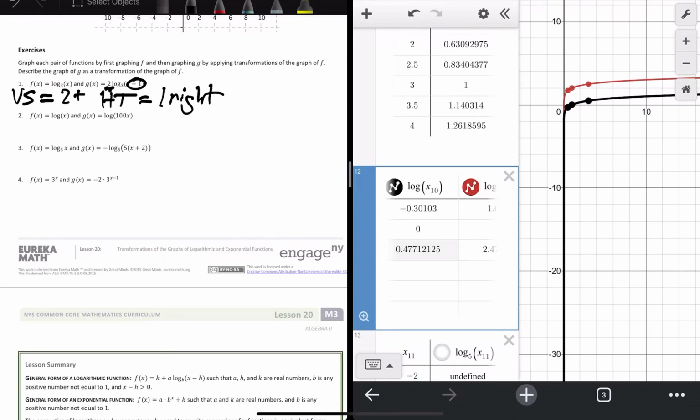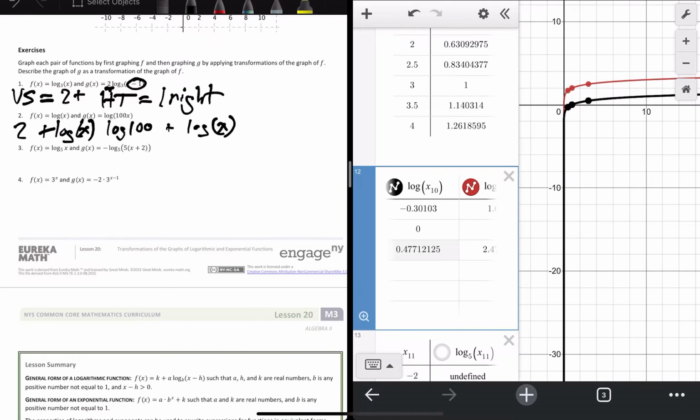But think about what is log 100 plus log of x. Well, that would be 2 plus log of x, right? Log of 100 is 2.